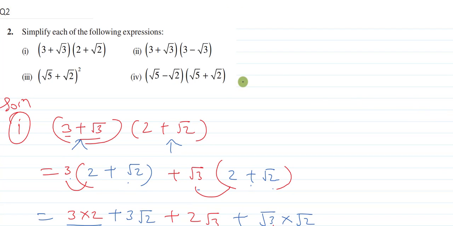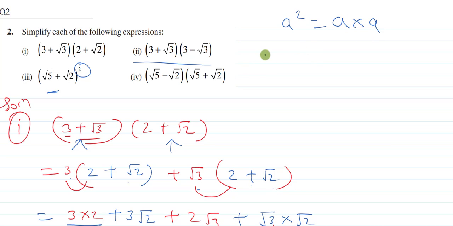So in this way, you have to expand this. I'm not going to solve every question. Let's take, for detailed understanding, the second one. Third and fourth you have to solve. How to solve the third? As here you can see, square is there. We know that a square is a into a.